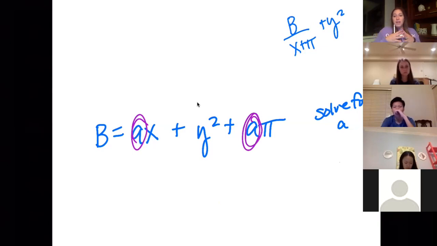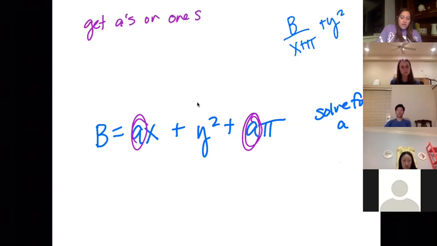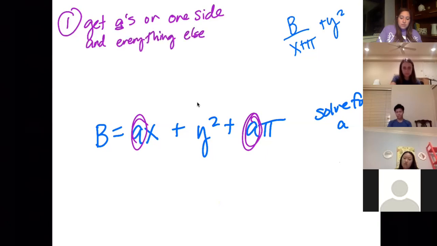You're going to see these problems for the rest of the year, so the quicker you learn these steps, the better off you're going to be. The first step is get the A's on one side, or whatever you're solving for, and everything else on the other side.